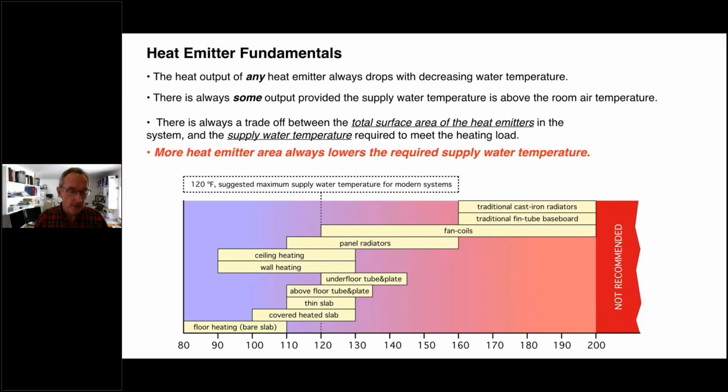And then over on the left side, you can see there's several types of radiant panels that are well within the operating range. And I've just kind of drawn a line there and boxed this area in. I would suggest to you any hydronic system that you're designing today for space heating, you design it in such a way that at design load, you don't need a water temperature above 120 degrees Fahrenheit.